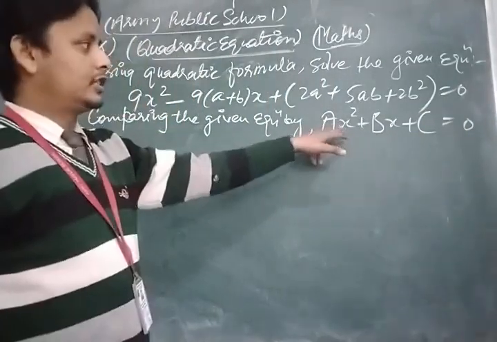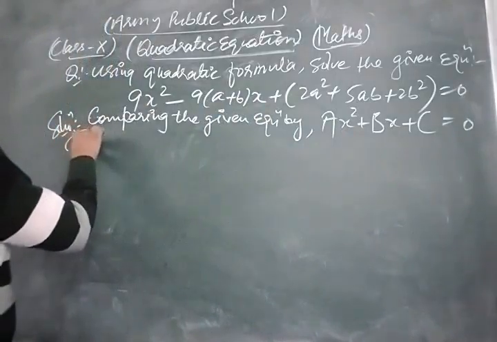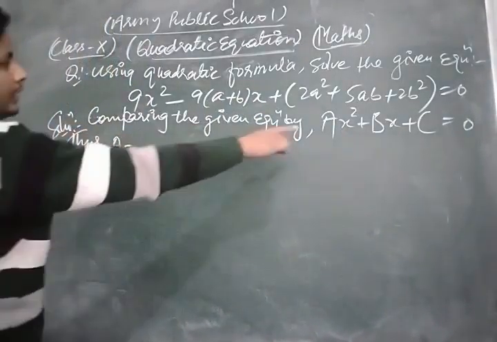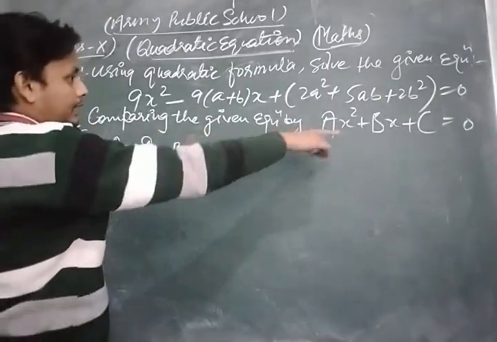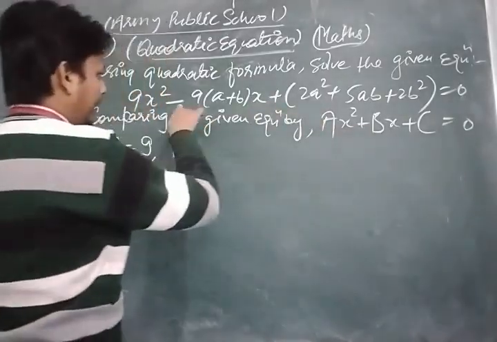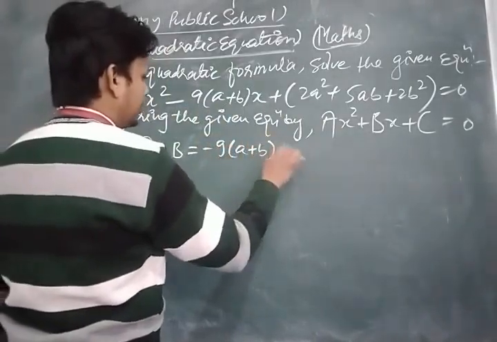The coefficient of x square is a, so the value of a is 9. The value of b, the coefficient of x, is minus 9 in bracket a plus b.